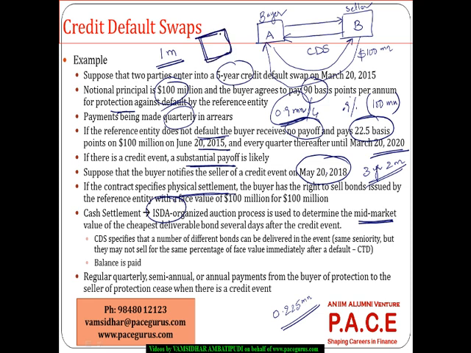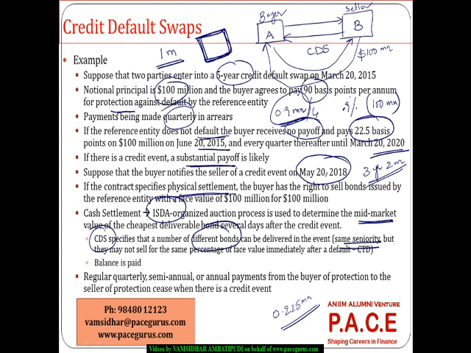We are talking about the mid-market value of the cheapest to deliver bond because, just like in bond futures, as part of the CDS agreement I can deliver different kinds of bonds in case of a default. They need to be of the same seniority, but the price at which they are selling in the market could be completely different, which is the reason the cheapest to deliver comes into the picture.